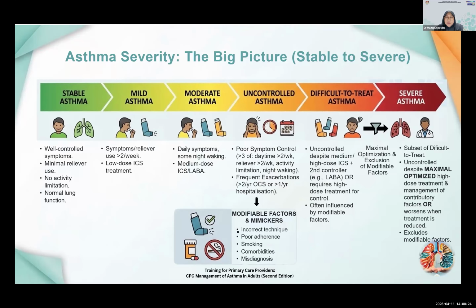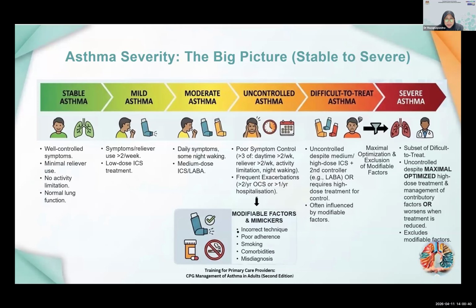Usually, this kind of uncontrolled asthma is most commonly due to modifiable risk factors shown below. Patients can have incorrect technique, so you need to check the patient's technique again and again every time they come for follow-up.